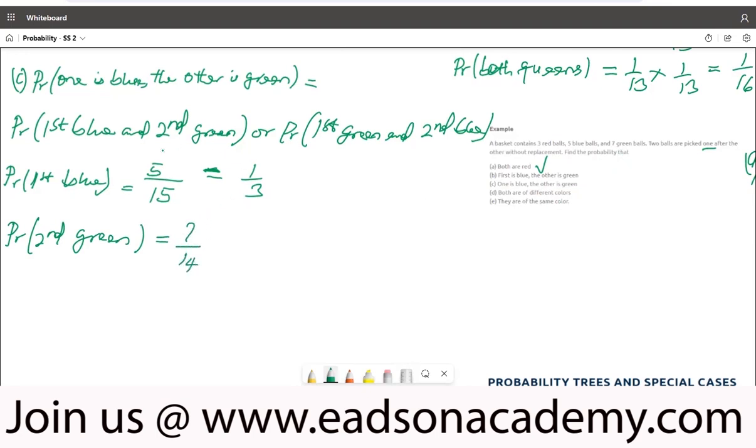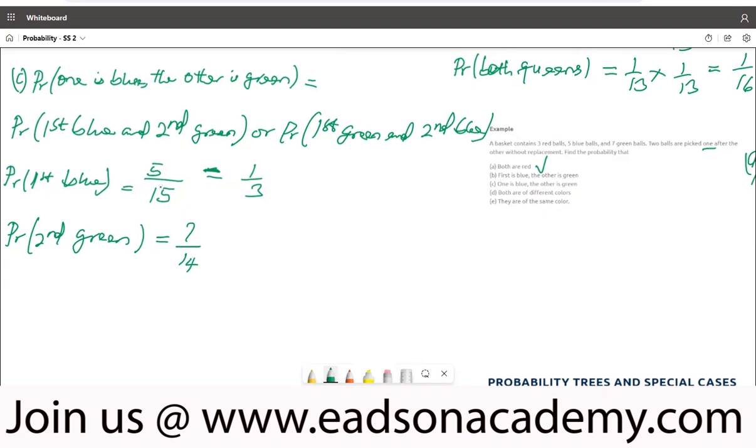Over 14, because after drawing 1 ball here, since the 2 balls are drawn one after the other, we draw only 1 here. So after drawing 1 ball here, the total number of balls reduces to 14. That is why it is 7 over 14 here. The number of green balls still remains at 7, because in this first draw it is a blue ball you draw, not a green ball.